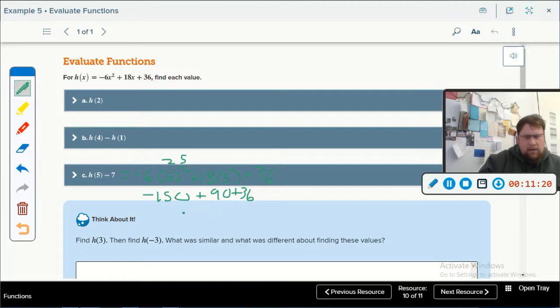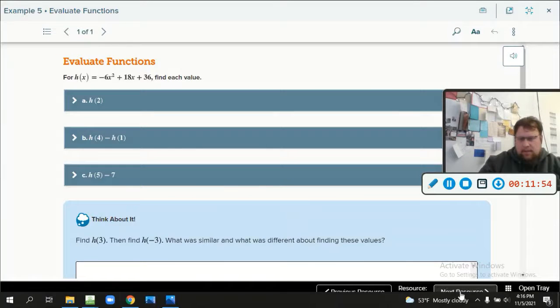That's going to become negative 60 plus 36, or in this case, negative 24. Boom. Okay. Let's go ahead and go on to the next resource. Pause if you need it. Ready, set. Let's roll.